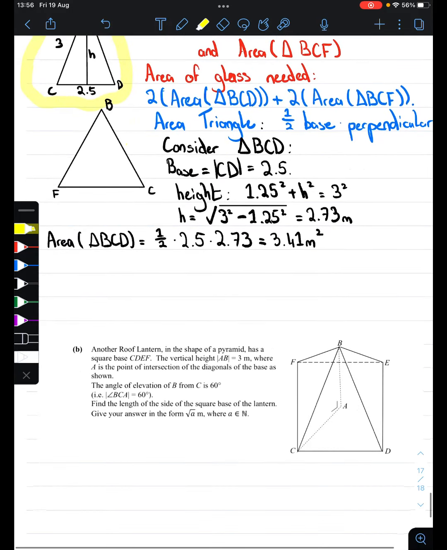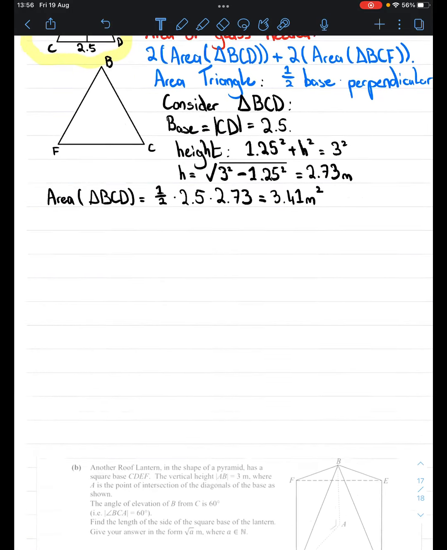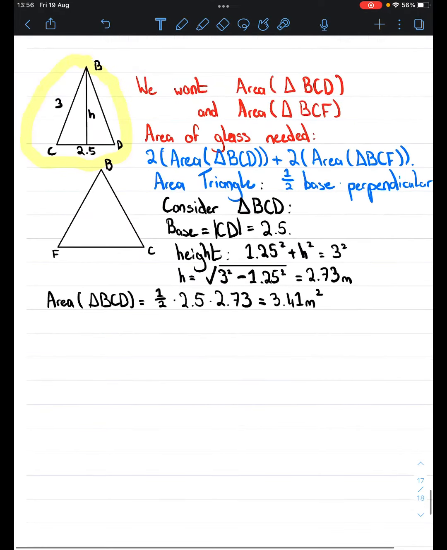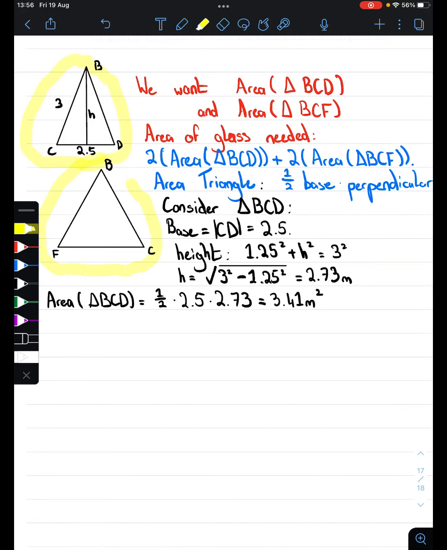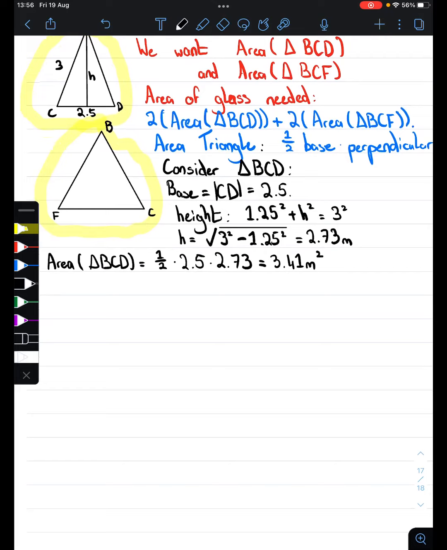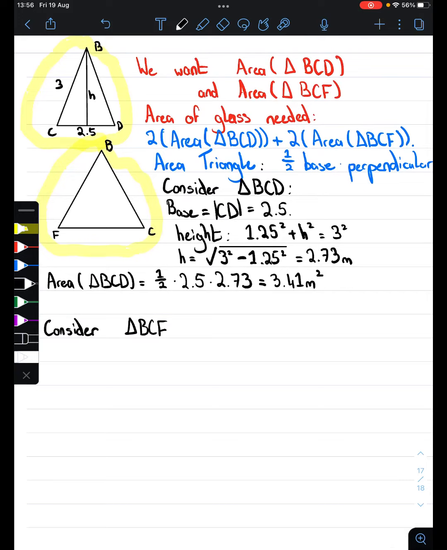Okay, and so now on to the side triangles. The side triangle BCF. So let's now focus on that one. Consider the triangle BCF. We have the same sort of process to find the area. We know the area equals half base times height.